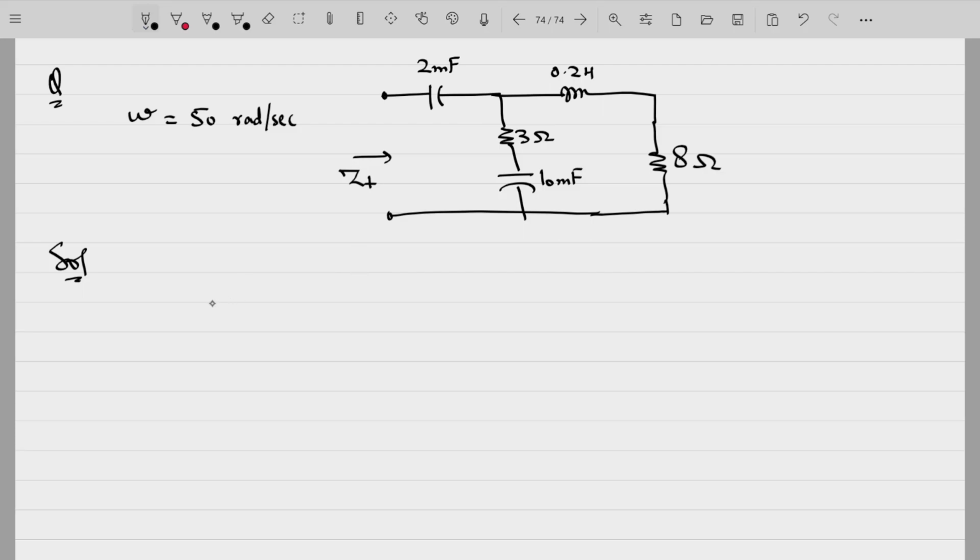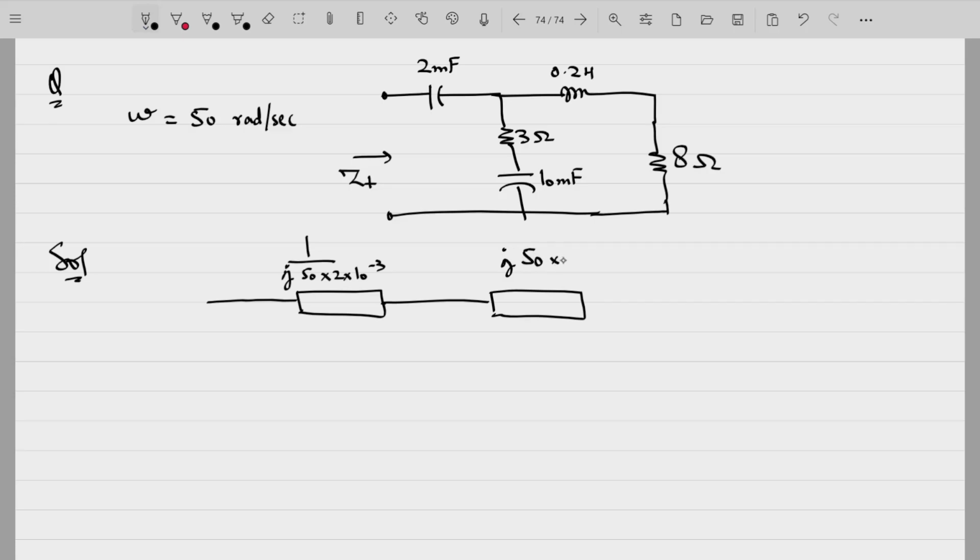This 2 microfarad capacitor will have an impedance of 1 by j omega C, where omega is 50 and C is 2 into 10 raised to the power minus 3. And this 0.2 Henry inductor has an impedance of j omega L, where omega is 50 and L is 0.2.